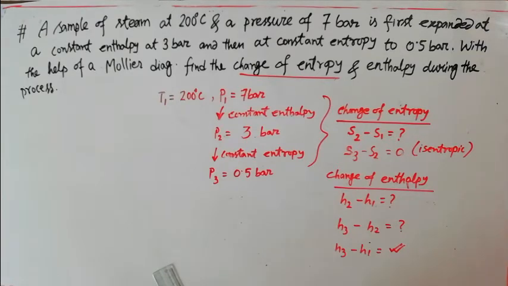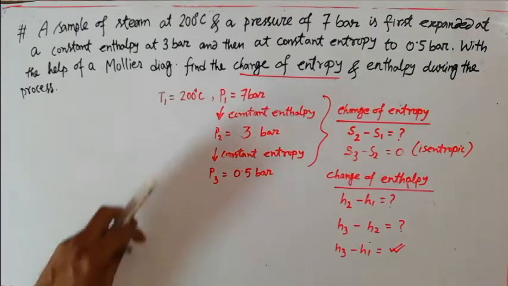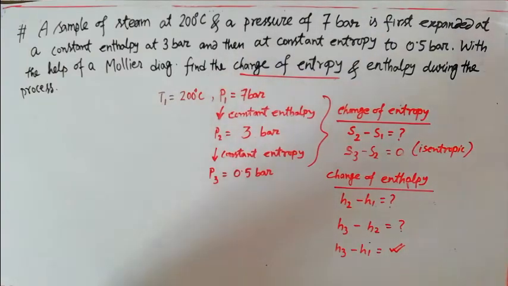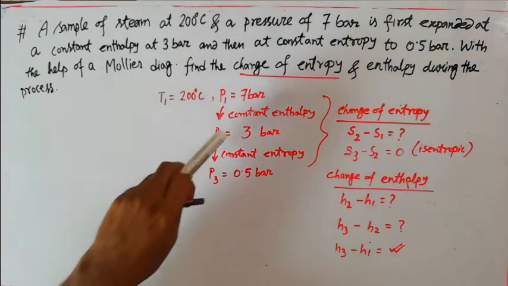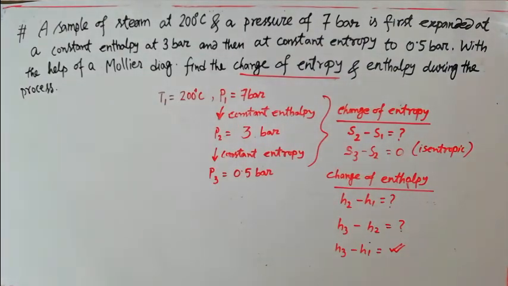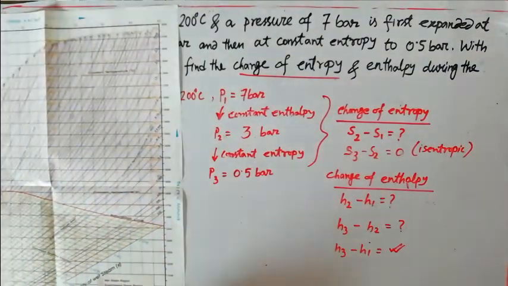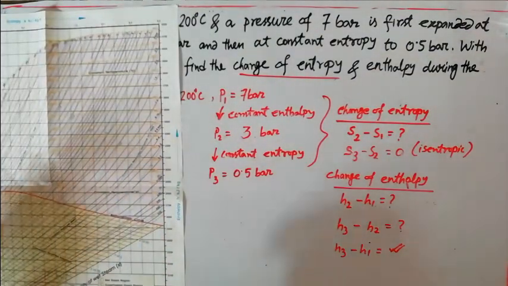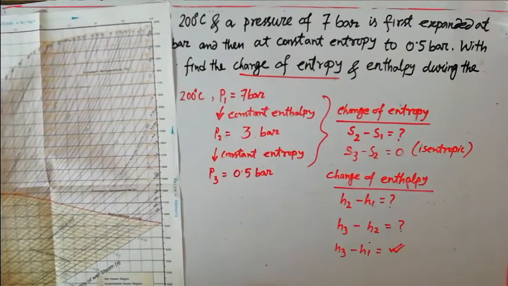Okay, so using the same principle, using a Mollier chart, first we have to find the initial state point using P1 and T1. According to the 7 bar pressure and 200 degrees centigrade temperature, again I have to use the Mollier chart this way. Suppose this is the Mollier chart. You don't have to suppose, it is really a Mollier chart.